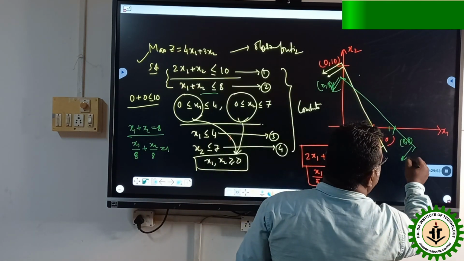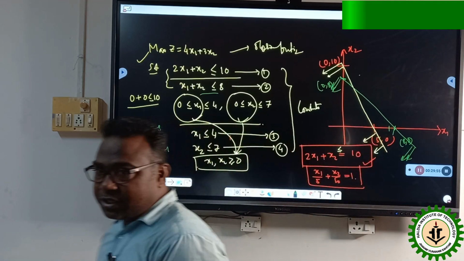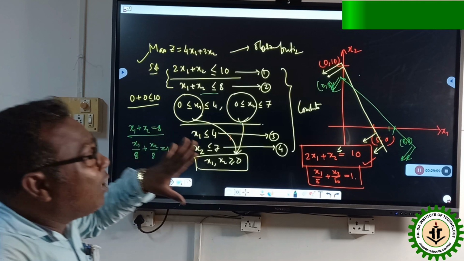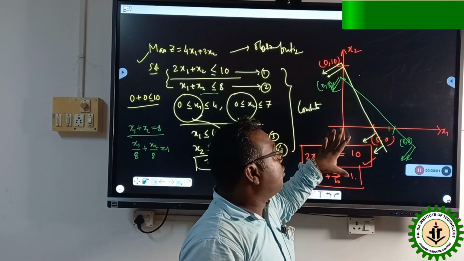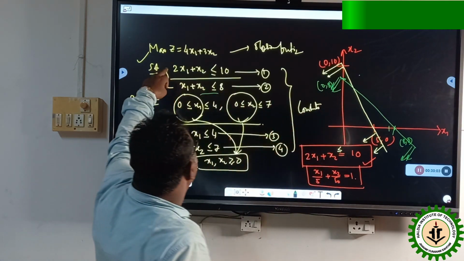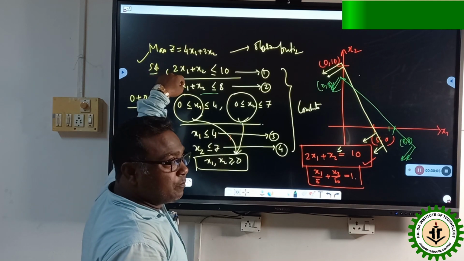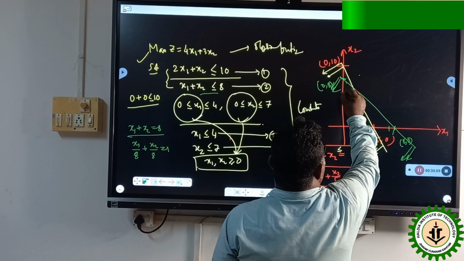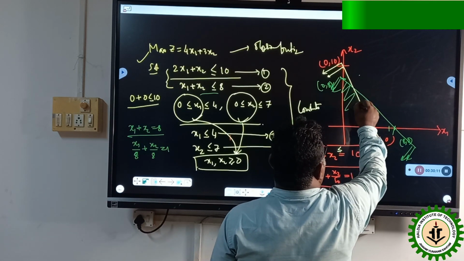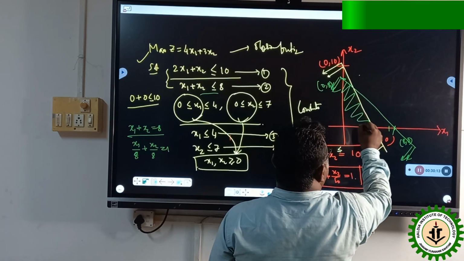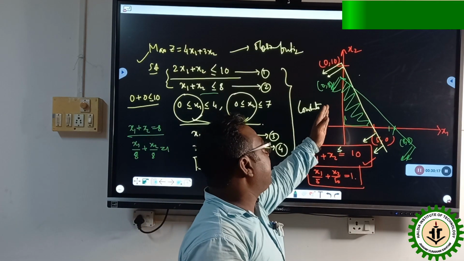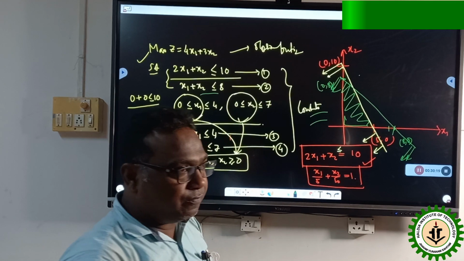So in this case also the region is towards the origin. From here you can say what the common points are which satisfy both these inequations. These are the common points which satisfy both. You may ask, sir, why are we not getting these other portions?